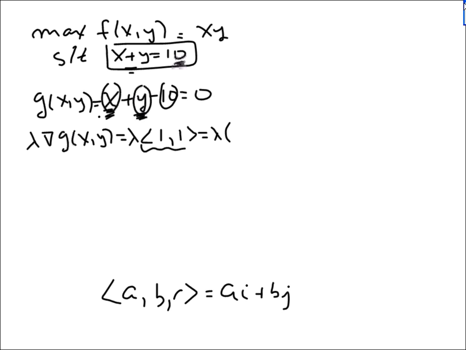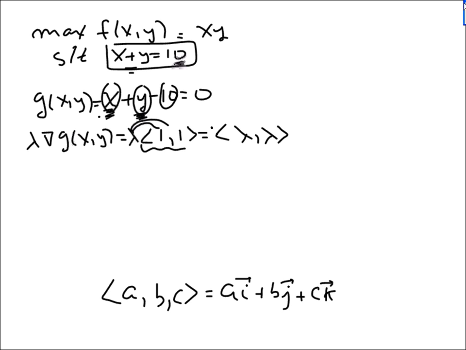If there's a third component ever, it'll be plus c k. It's just notation. And I distribute the lambda, and I get lambda times 1, comma, lambda times 1. Lambda, lambda.